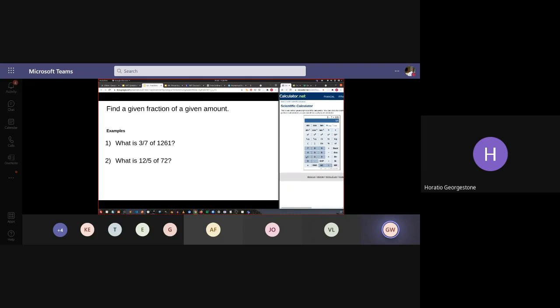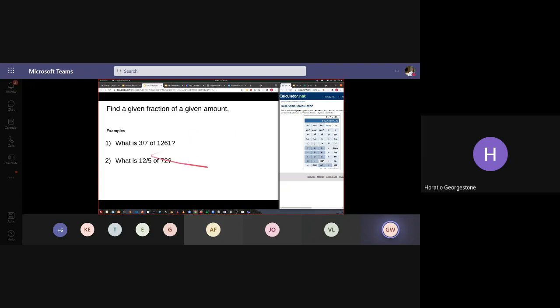and then multiply it by the total amount, so in this case, to find 3/7 of 1261. Because division and multiplication are equal priority, the calculator will just work left to right. And so we get the answer 540.4 roughly.